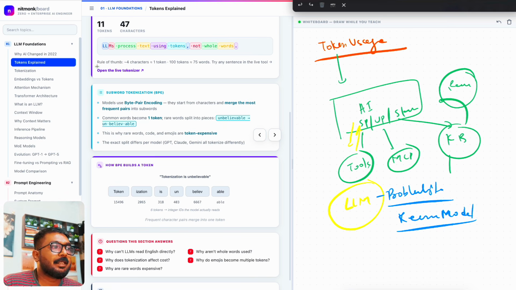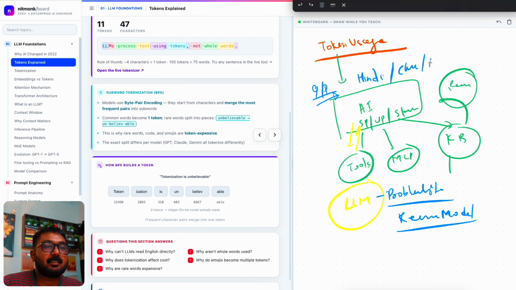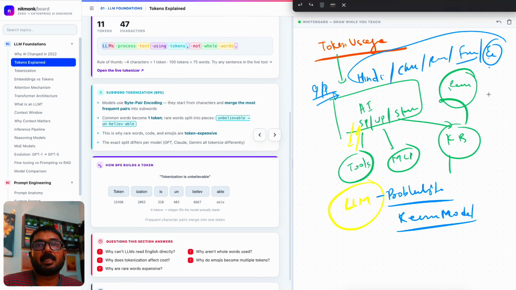And that's where we are trying to input natural language in any language. Let's say we put it in Hindi, Chinese, Russian, French, or English, and all of these get converted into tokens, and then token IDs are there to represent them, right, everywhere. So this is the most important part you need to understand.